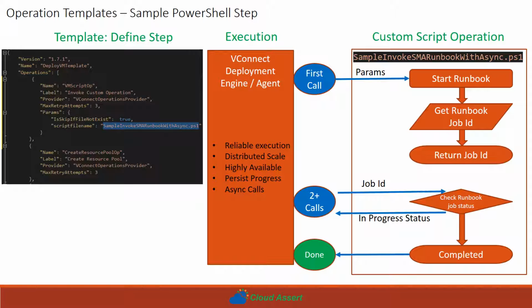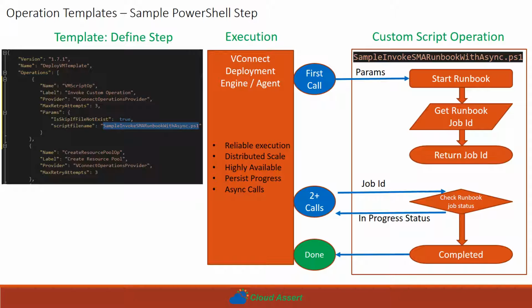In the script that calls the runbook, it gets back the job ID that corresponds to the runbook invocation. It then returns the job ID back to the vConnect engine as asynchronous data. This asynchronous data is stored by the vConnect deployment engine, and subsequently during the next iteration vConnect will automatically call the same script, the second part of the script, providing the runbook job ID.